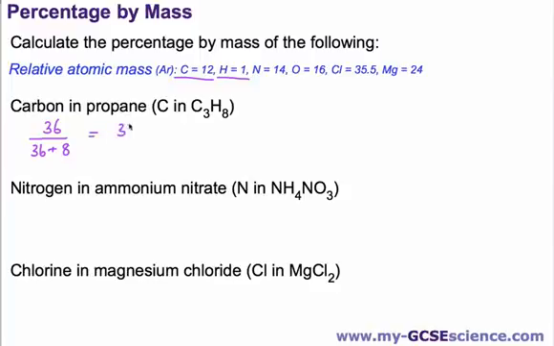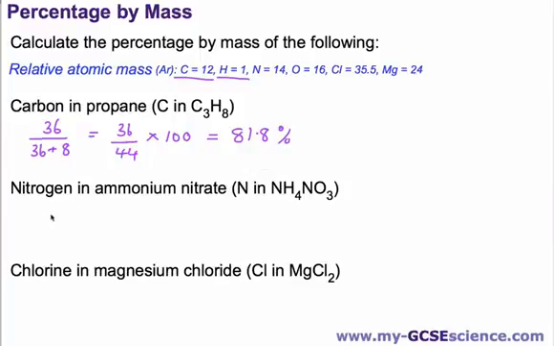That would be 36 over 44 times by 100, remember, to get a percentage, and the answer for that is 81.8%. So that means that for the relative formula mass for propane, 81.8% of that actually is the carbon.